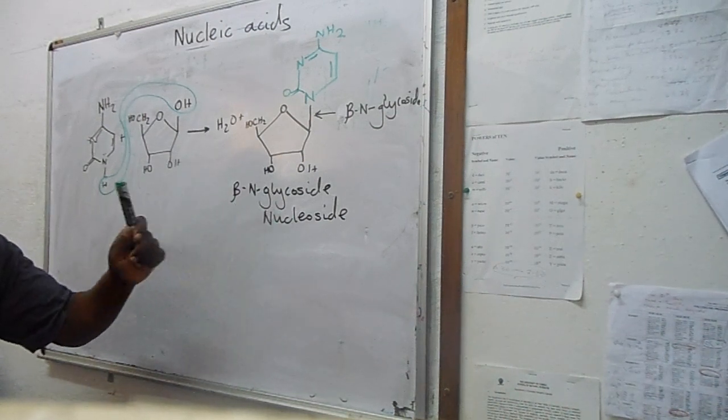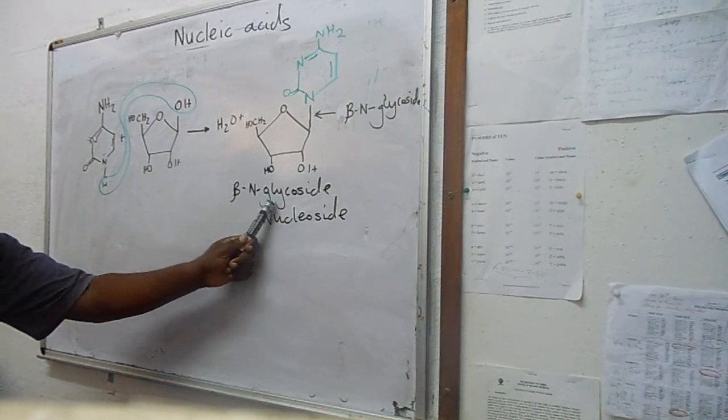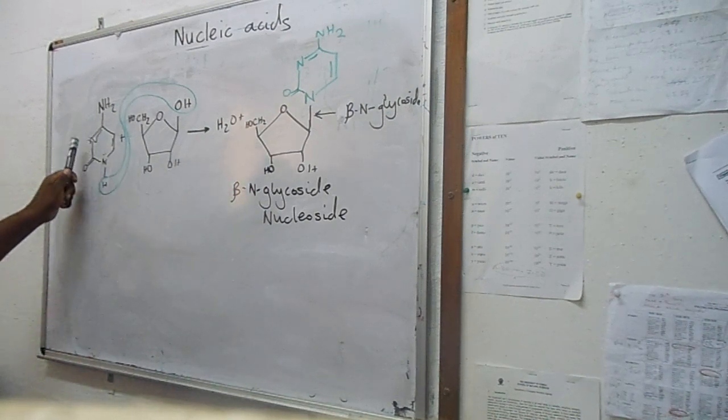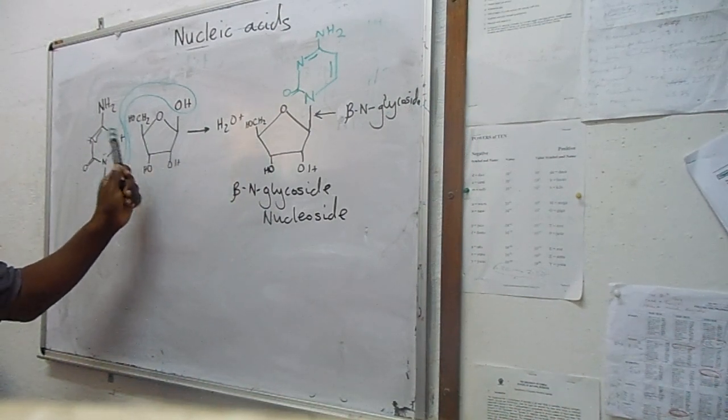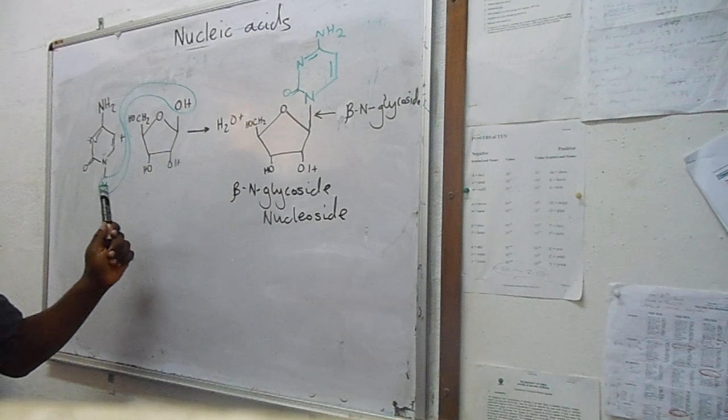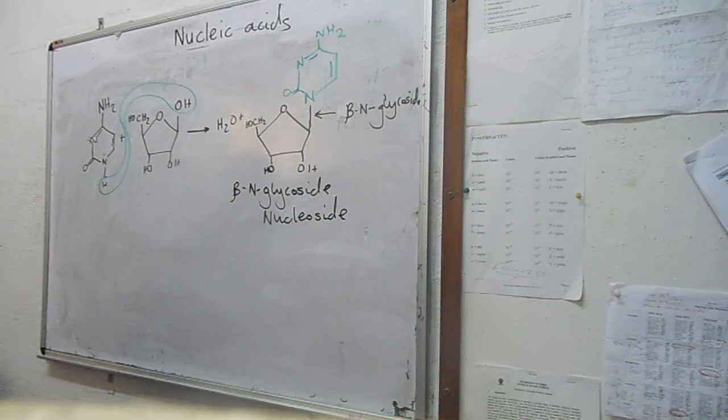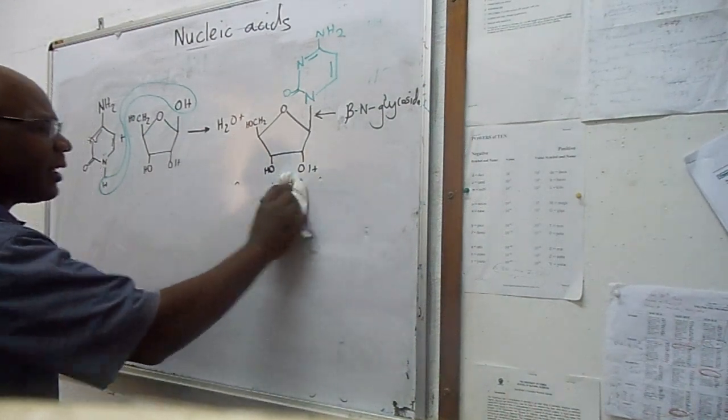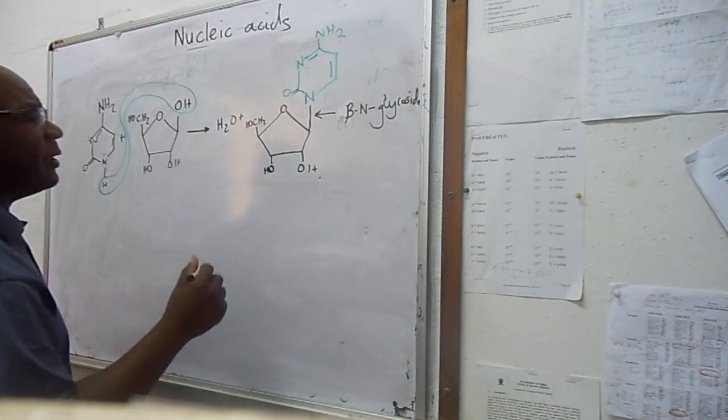A nucleoside is an N-glycoside that is formed when a nitrogenous base reacts with a sugar. The particular sugar in this case is a ribose. Now I've written it that way. You may actually decide to write it differently.